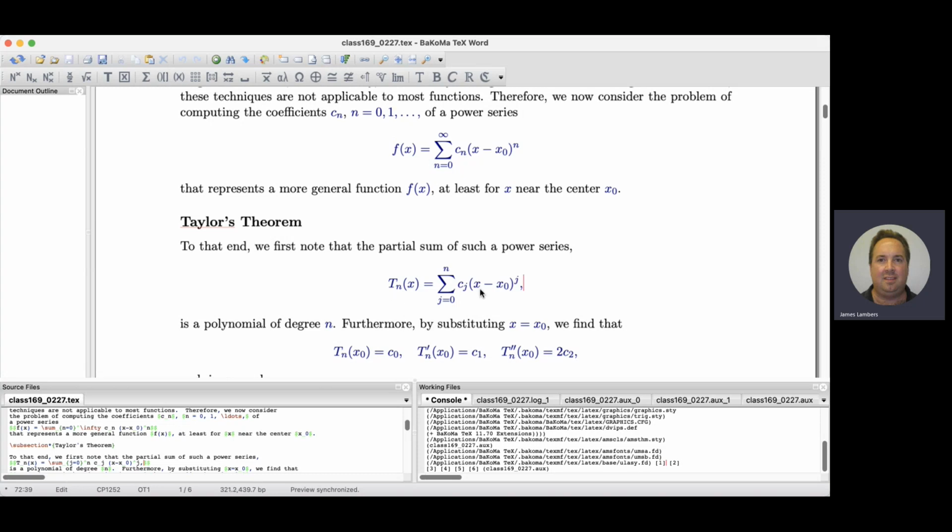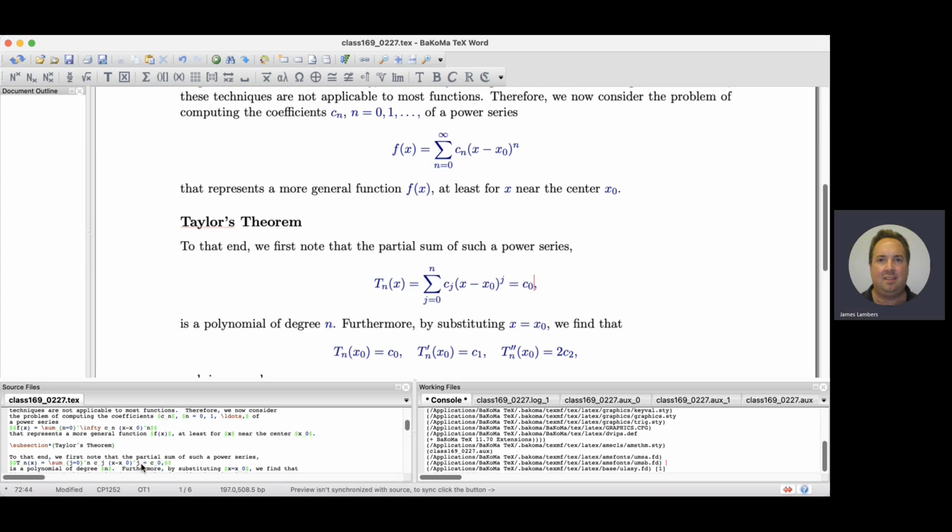Similarly, suppose I take the derivative of both sides of this equation. So I'll get Tn prime of x on the left, and then on the right side, the term involving c0 will go away because that's just a constant term. Actually, to help you see this more clearly, I'm going to write out the first few terms.